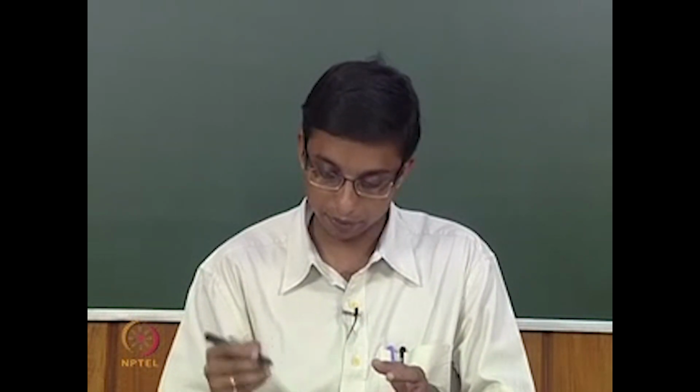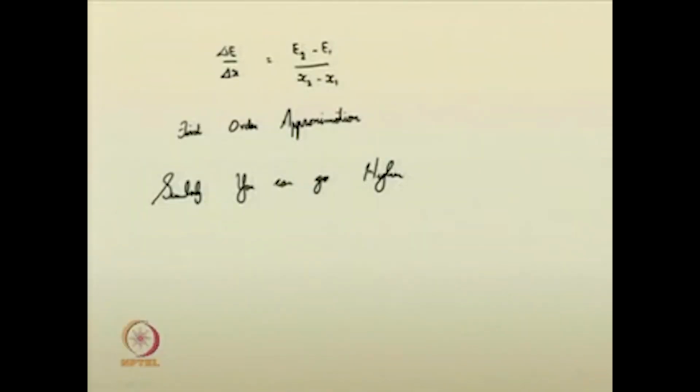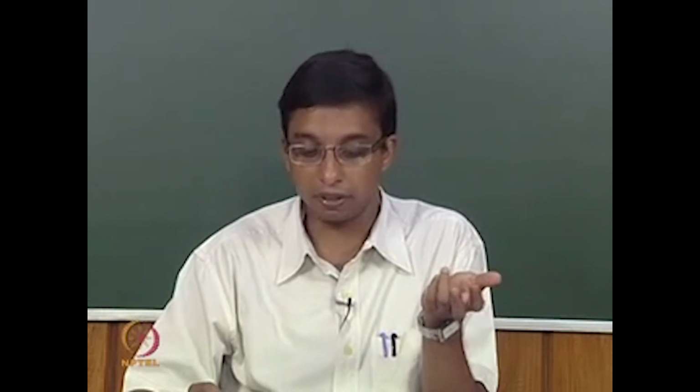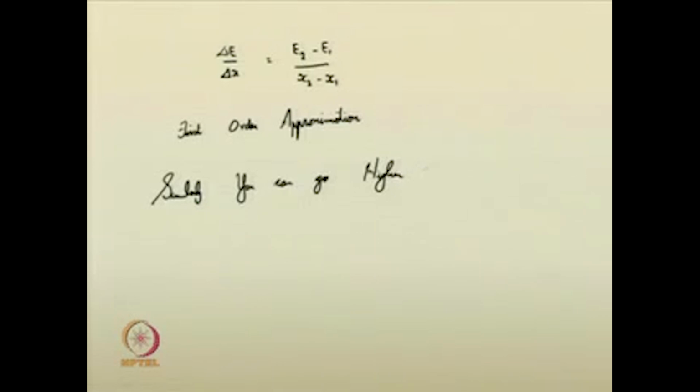If you truncate it after the third order derivative, then the approximation will be corresponding to that. In many natural phenomena, based on the del x distance, if the del x value is small, then you can go for the first order approximation of the derivative. You can also go for higher order approximations.